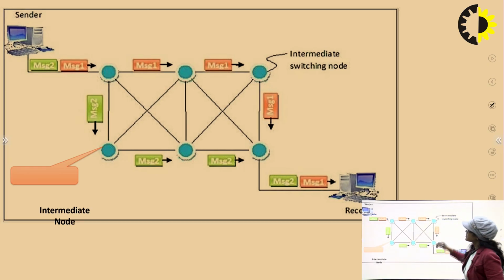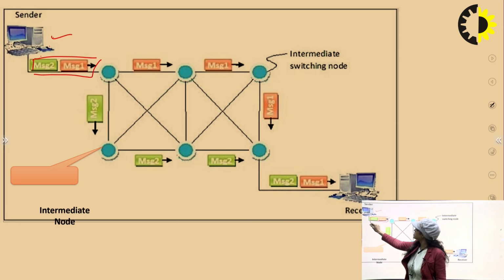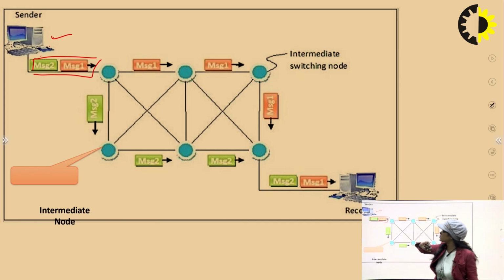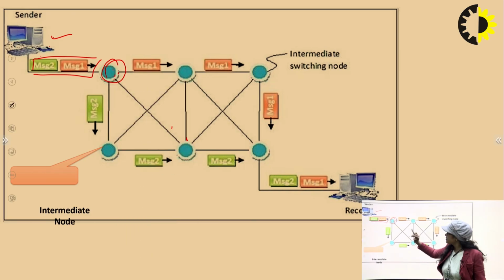In this approach, here is a sender and the sender sends a message, which is considered as message 1 and message 2, and there are some intermediate nodes. When this message arrives at a particular node, the node first stores the message whenever it arrives at this location, and after that it forwards it to the next hop, the next node.